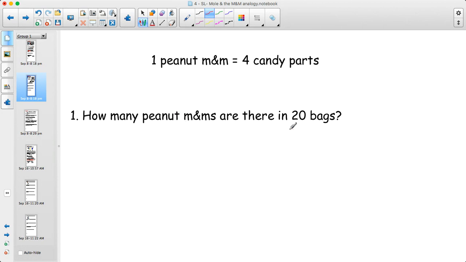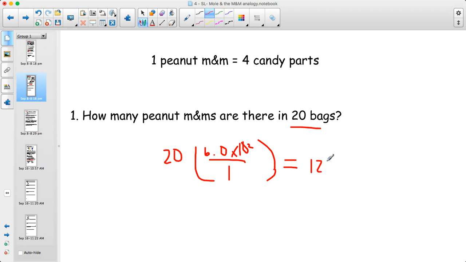So these conversions are really going to be the same. If you know the number of bags, 20 bags, times the number of pieces per bag, which is 6.0 times 10 to the second. Forgive my sloppy writing. And so then we're going to do 20 times 6 is 120 times 10 to the second.